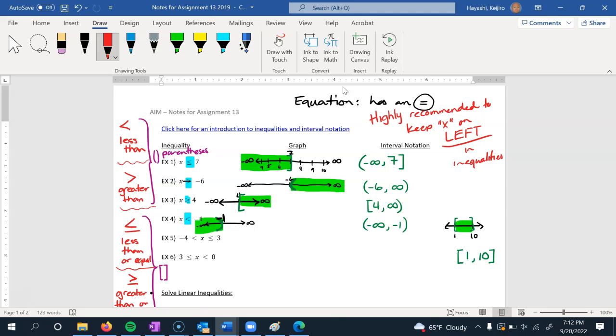It's not a crime if your x ends up on the right, but it is going to make things harder to think about.